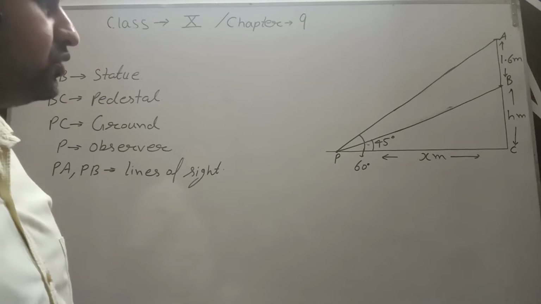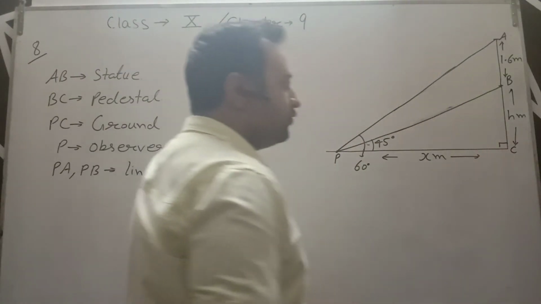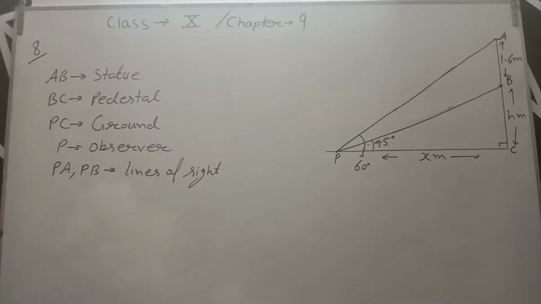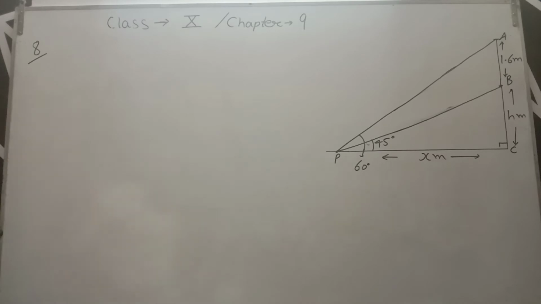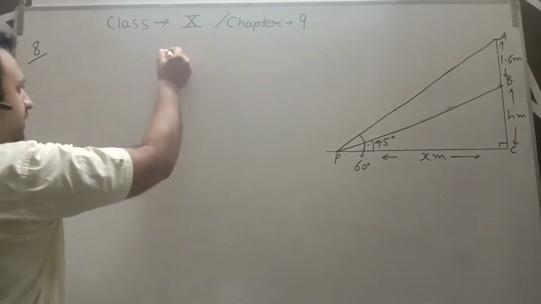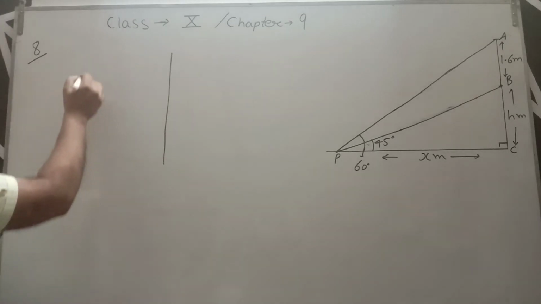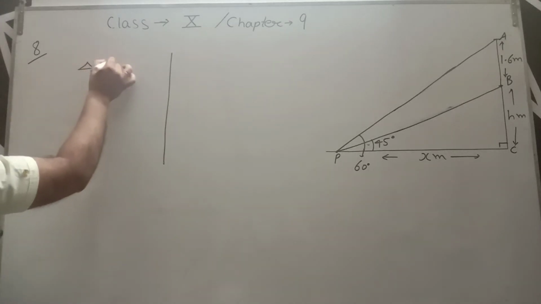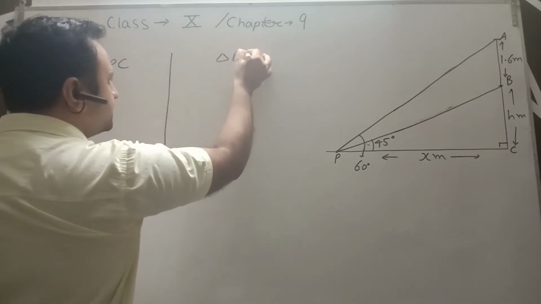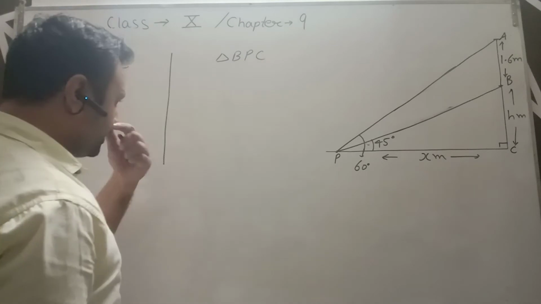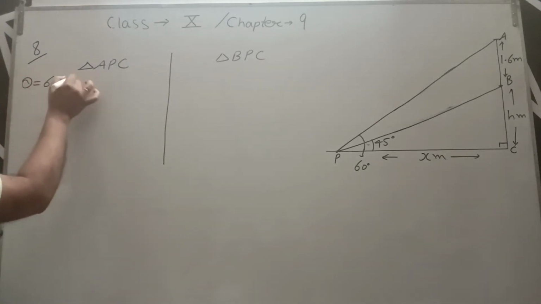Now we have to consider that there are two right angle triangles, so we just prepare two columns. First column for triangle APC and the second column for triangle BPC. In the triangle APC, angle is 60 degree.